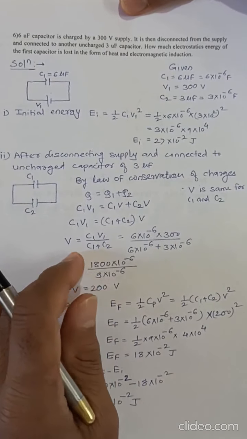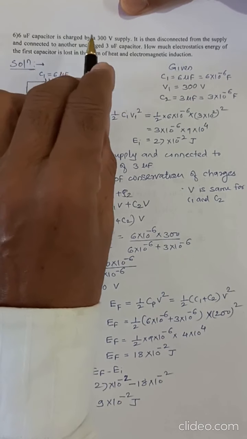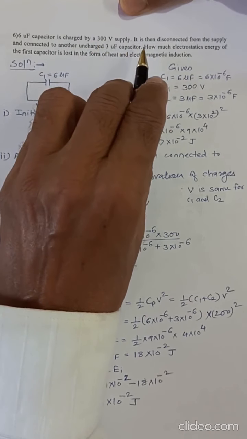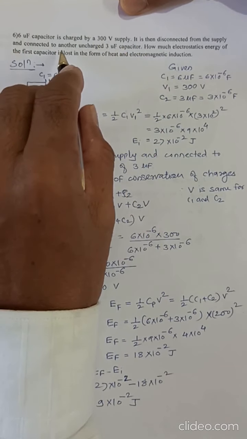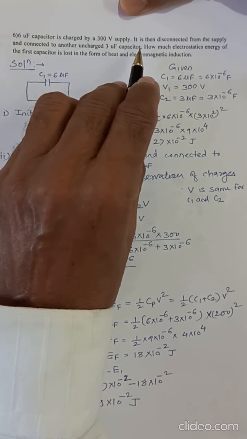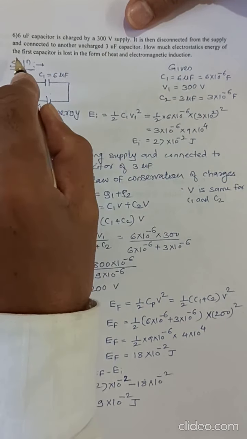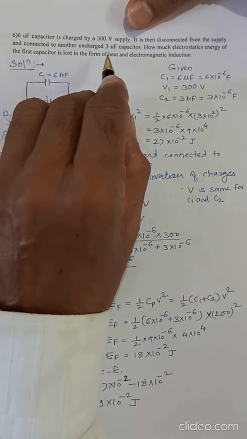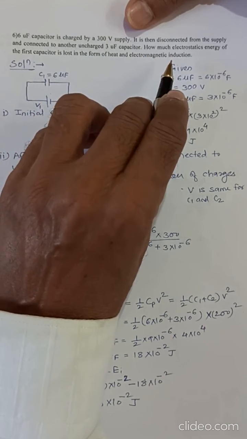Next numerical: a 6 microfarad capacitor is charged by a 300 volt supply. It is then disconnected from the supply and connected to another uncharged 3 microfarad capacitor. How much electrostatic energy of the first capacitor is lost in the form of heat and electromagnetic radiation?